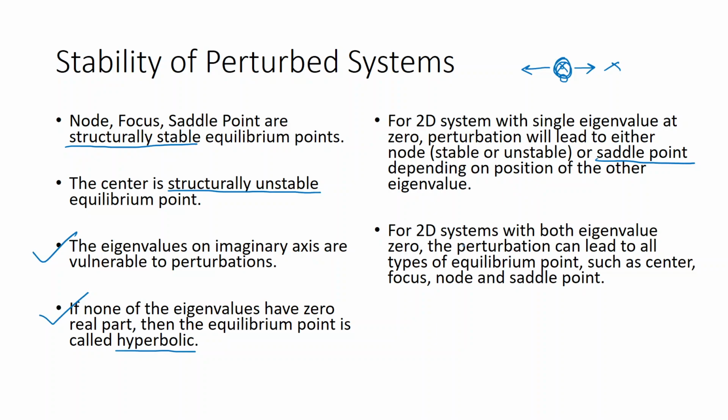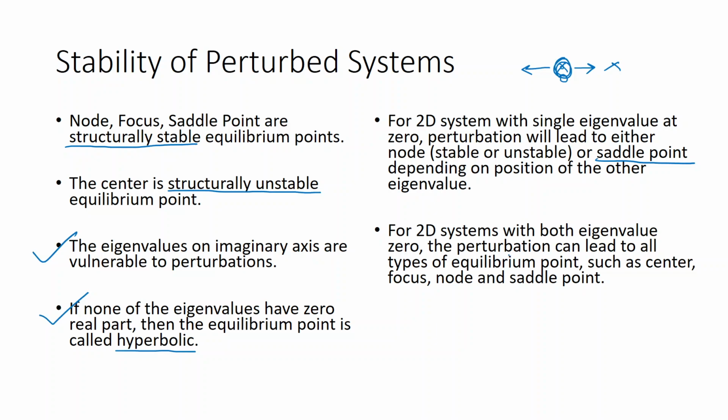Now, when both the eigenvalues are 0, the perturbation can lead to all types of equilibrium point, because it can go anywhere, right? Both can come to the same side, or one can come to one side and another can go to the other side.